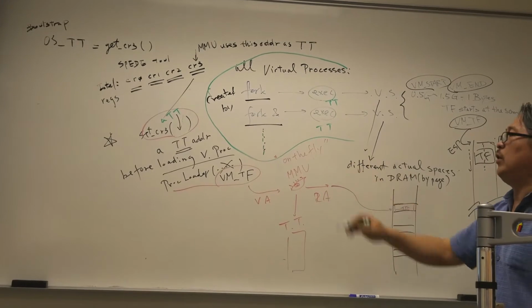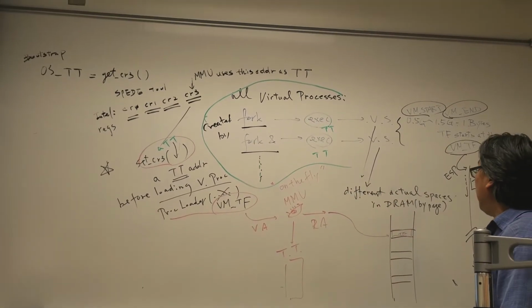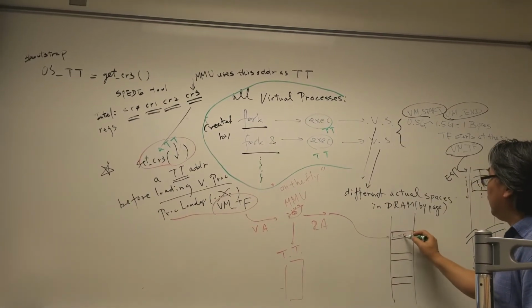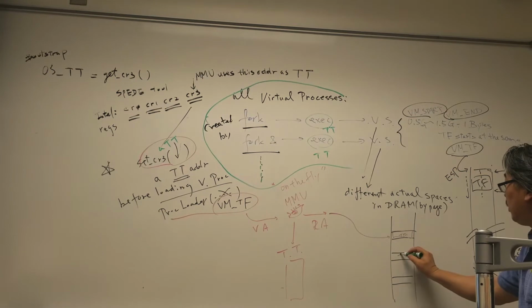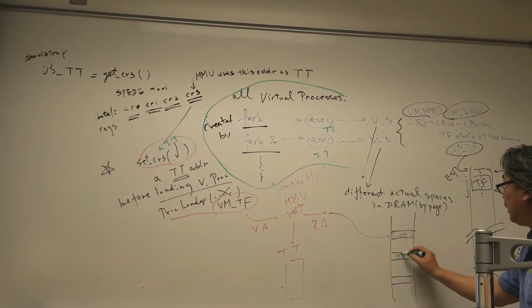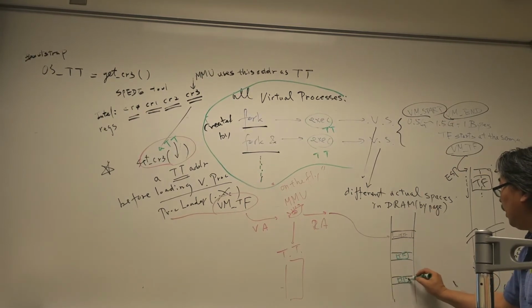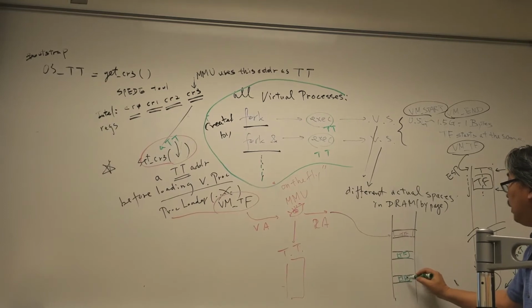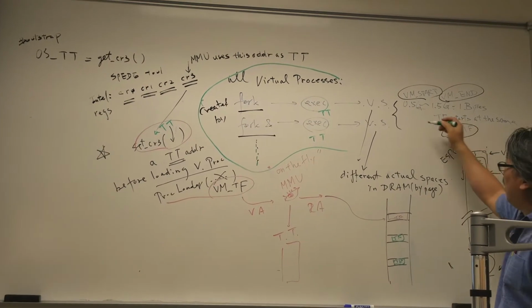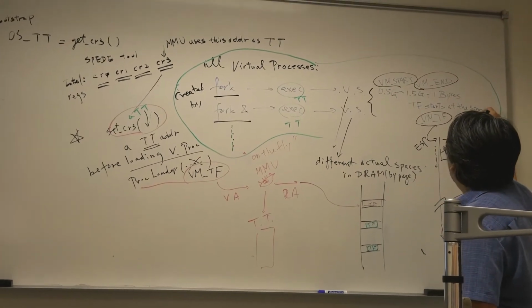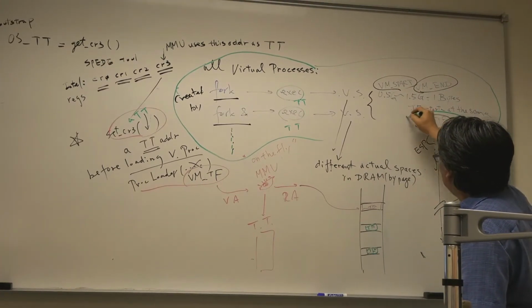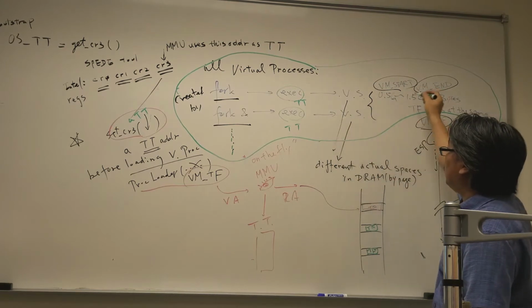Even when it starts to load, it's already translated, because the virtual address of the trap frame has to be translated into the right place. Another process has a trap frame at a different place in DRAM, but the virtual address is the same. They all have the same virtual addresses.